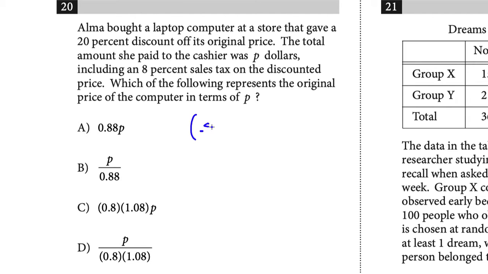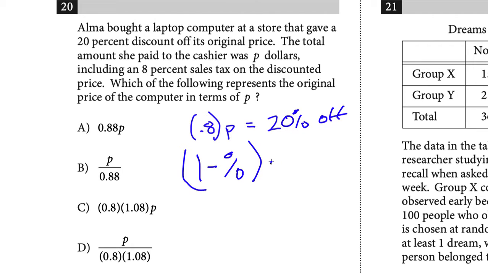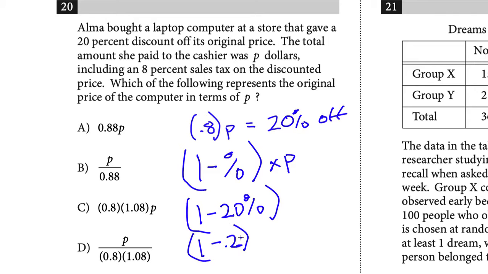If I say 0.8 times P, that represents 20% off. You do 1 minus the percent and multiply that by P. The percent is 20%, so 1 minus 20%, and then I convert that to a decimal: 1 minus 0.2, which is 0.8. So that's where 0.8 came from.